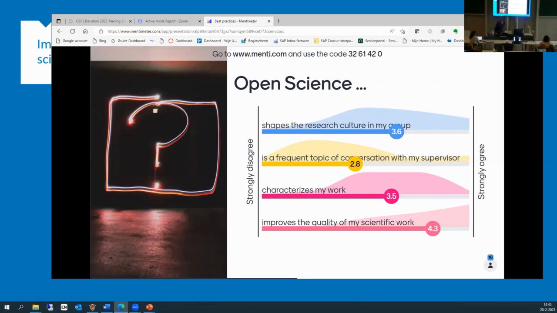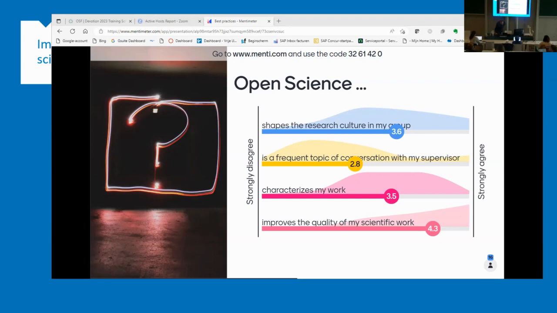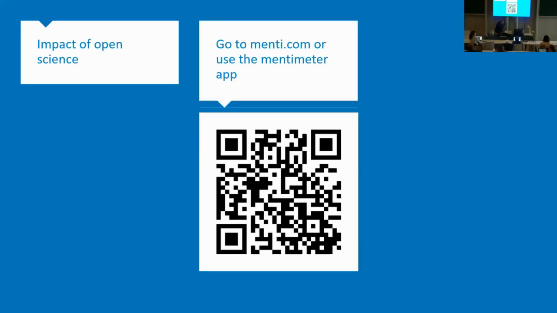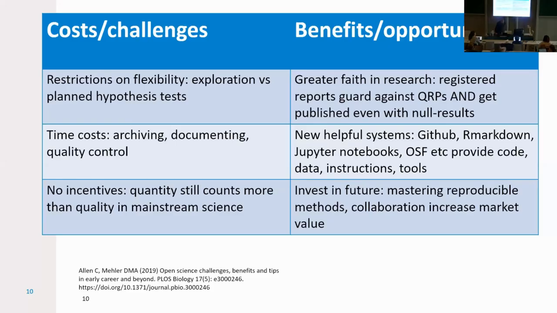So let's go back and see how we can do this. Where are we here? Some years ago, Allen and Mehler made a very helpful cost-benefit analysis, and it's important to keep in mind.